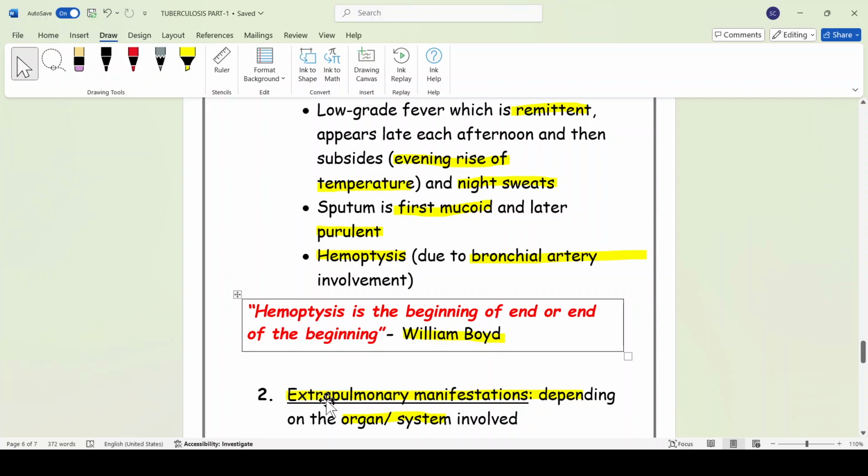Now, in regard to hemoptysis, there is a very important quotation by Sir William Boyd. He says that hemoptysis is the beginning of the end or the end of the beginning. What does this mean?